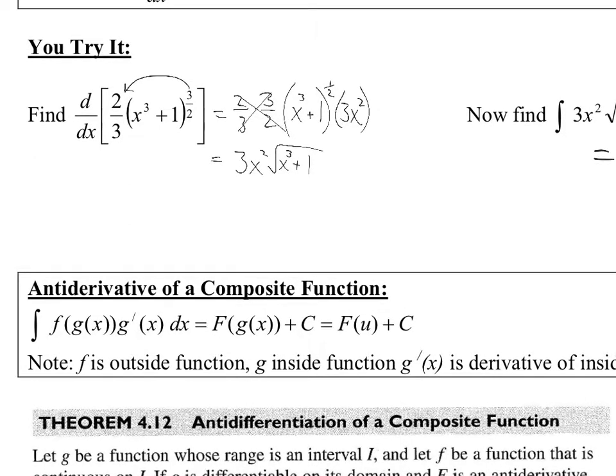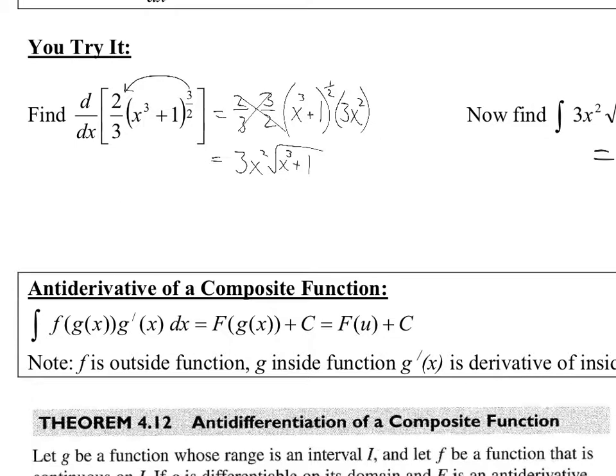The antiderivative of a composite function. If you have f of g of x times g prime of x dx, the integral will be the antiderivative of the outer function with g of x still inside, plus c.